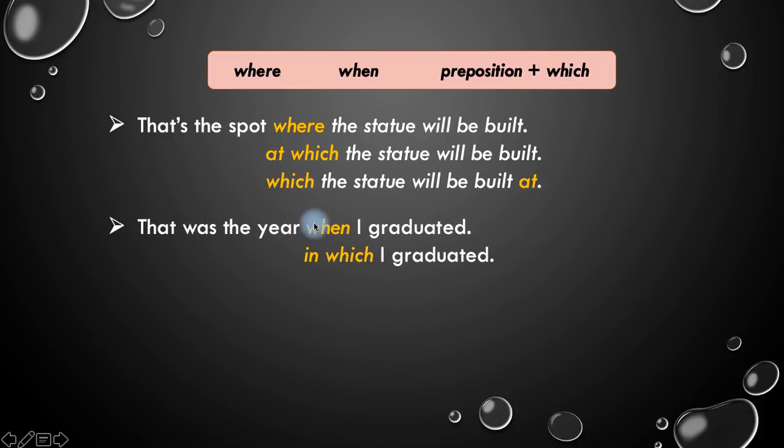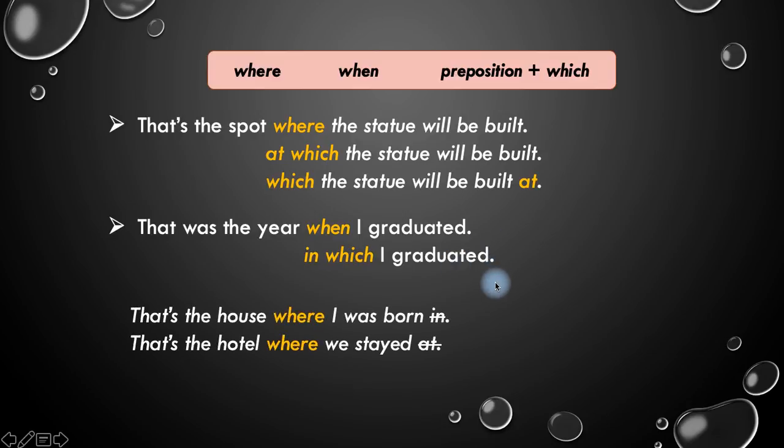What about time? Again, we can use preposition plus which with the time. That was the year when I graduated. Or we can say, that was the year in which I graduated. Both sentences are correct. But please be careful with this type of sentences with the prepositions when we use where or when.